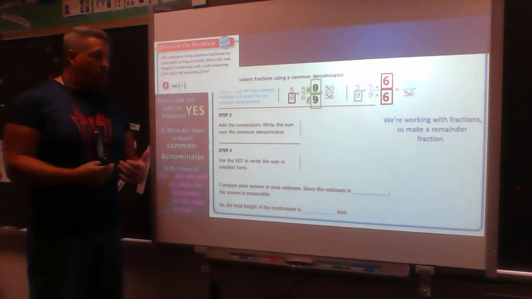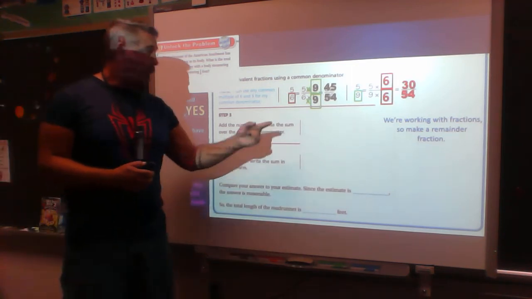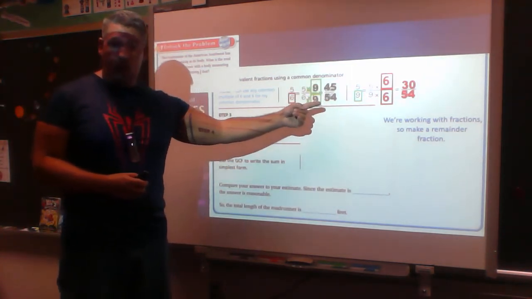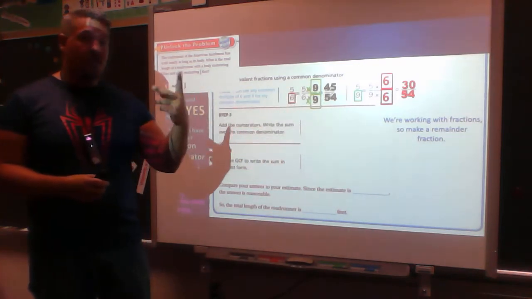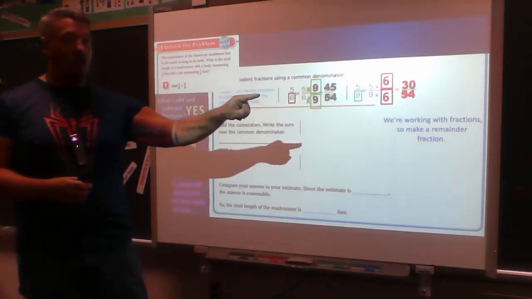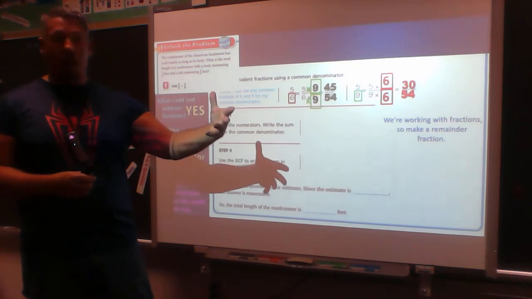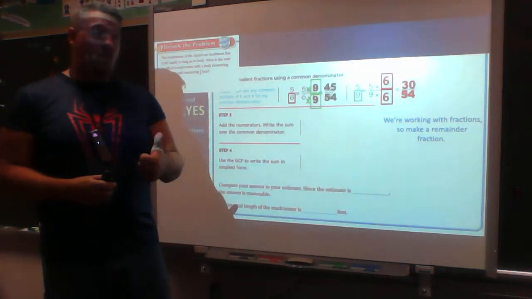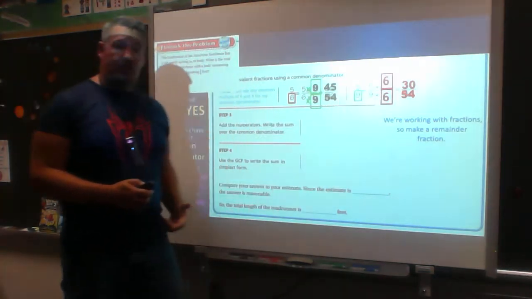Then when I multiply those out, I'm going to have 5 times 9 is 45, and 6 times 9 is 54. My denominator is 54, so I should get the same thing in my denominator on the other side, since I multiply by opposite denominators. 9 times 6 is indeed 54, so I know I'm good to go, and 5 times 6 is 30.